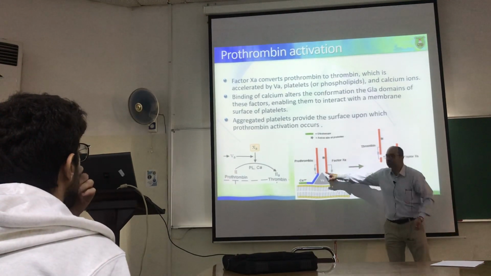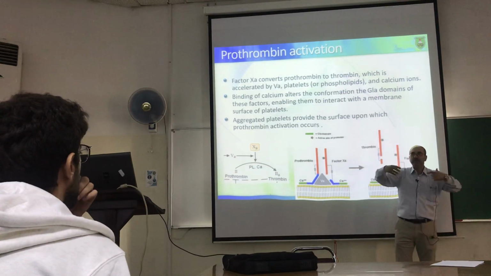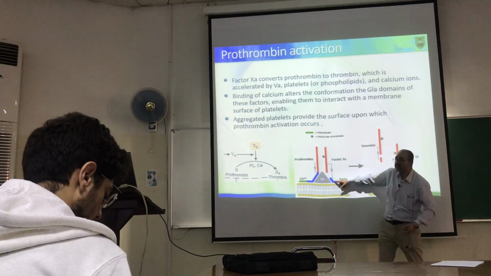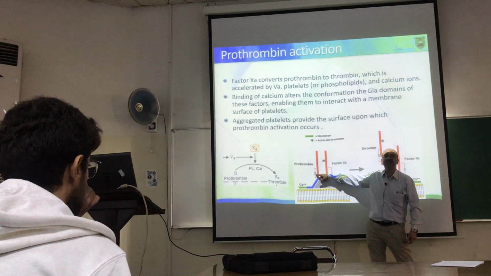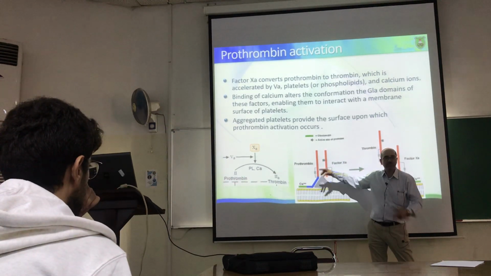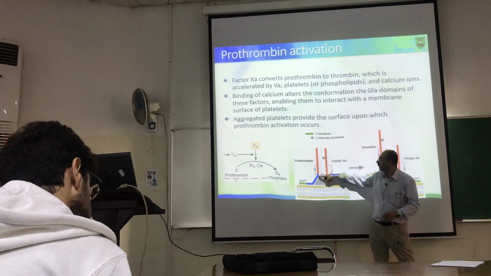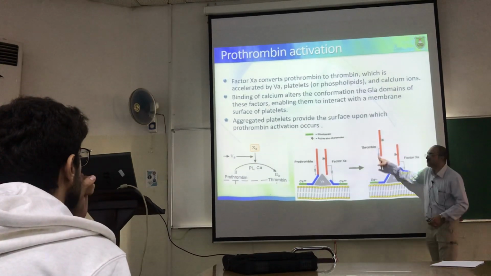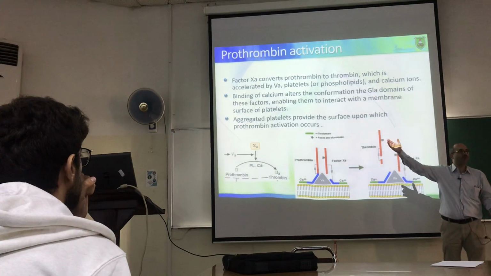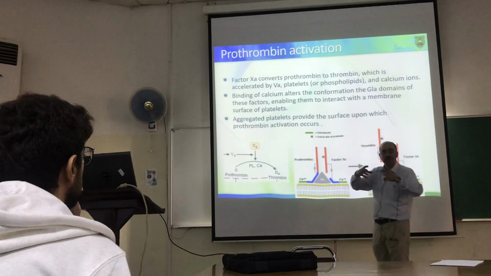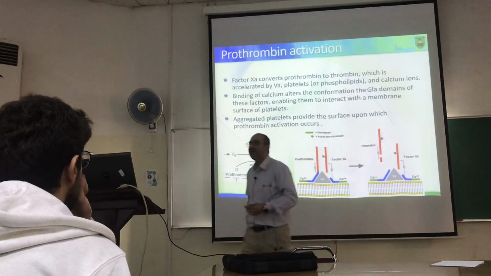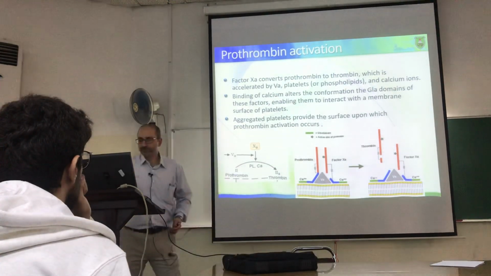Now that they are close to each other, what factor 10 does is that it cleaves prothrombin, again it's a zymogen, it cleaves it, and prothrombin is released in the active form. Okay, so this is the process. That's how we get them together, and that's how we activate prothrombin.